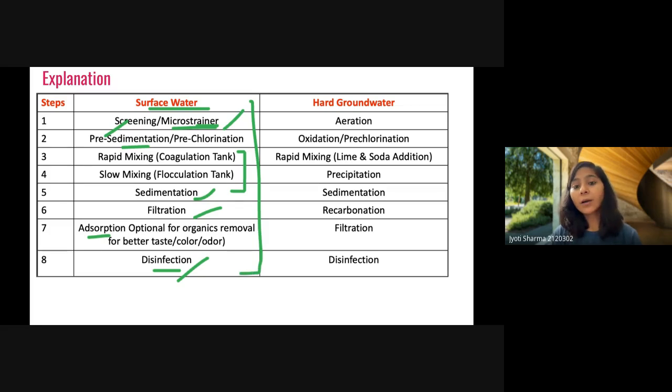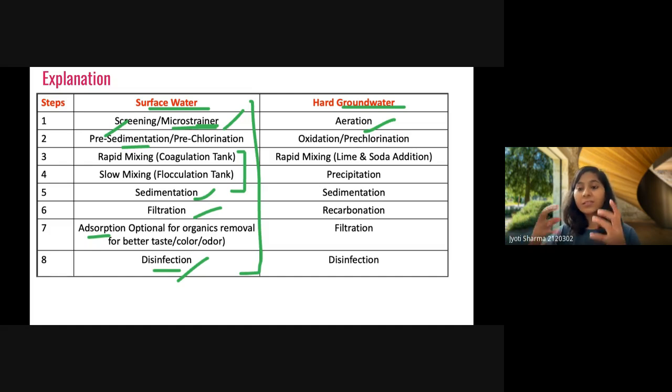But if we are talking about groundwater, the first step will be aeration. But why aeration? Because whenever we pump water out of the ground, it may have some gases present, and those gases can be easily removed by aeration.